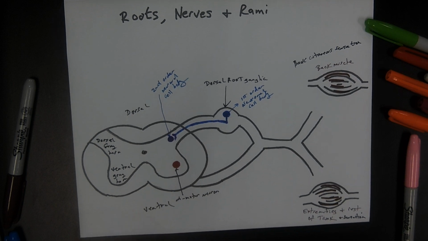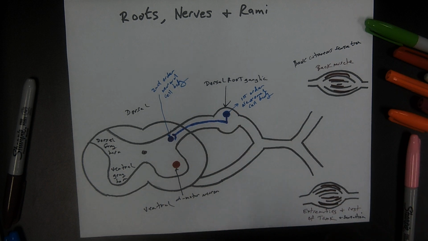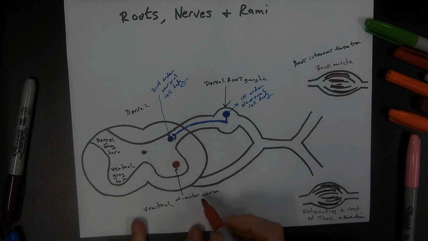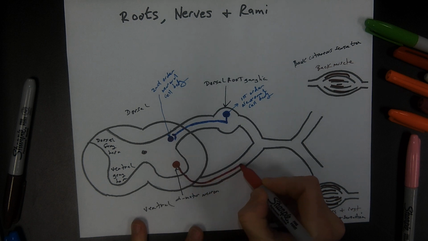The alpha motor neurons are the cell body for the lower motor neuron, and they reside in the ventral gray horn. The axons from the alpha motor neuron leave the ventral gray horn and travel through this space right here.